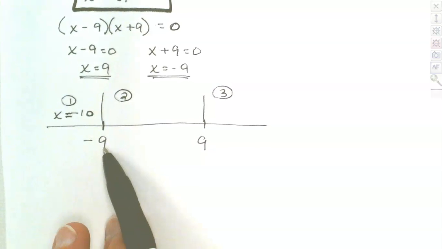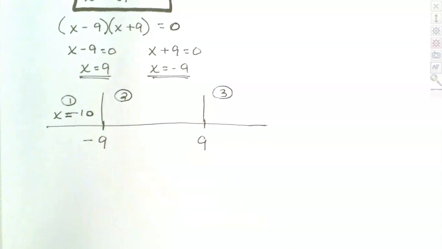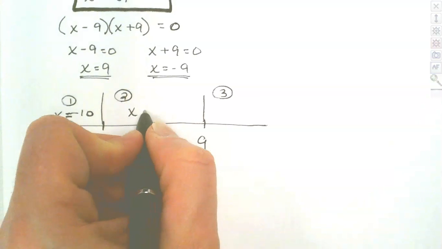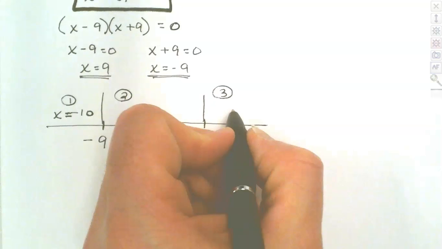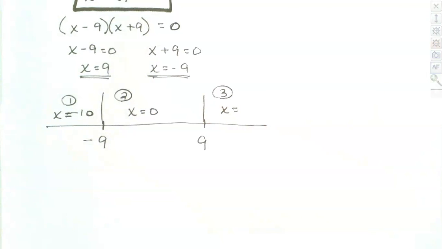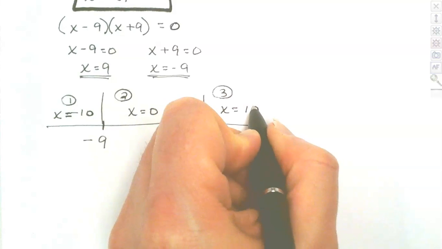Next, we need a number between negative 9 and positive 9. Any number in there will work, so we're going to use 0 because it's easy to work with. For region 3, we need a number bigger than 9. So how about we use 10?